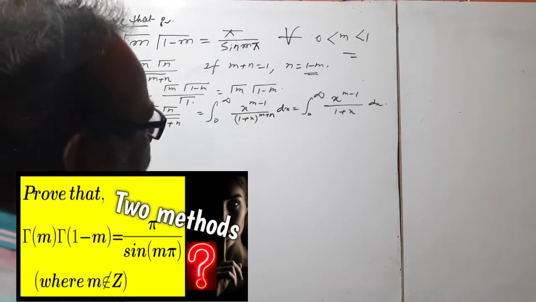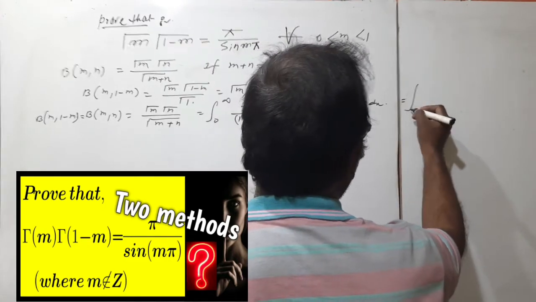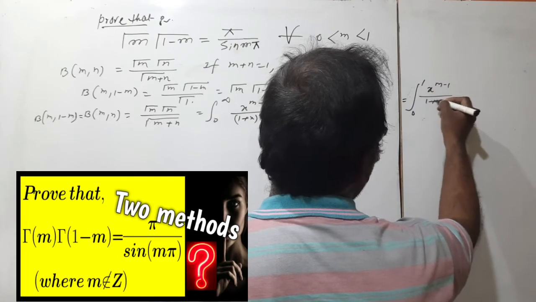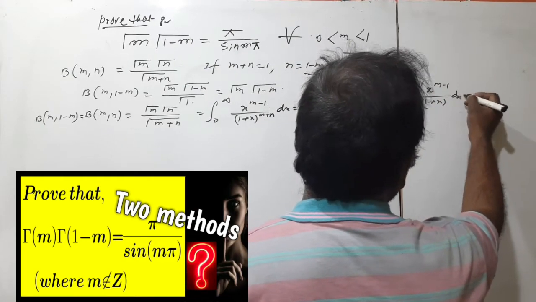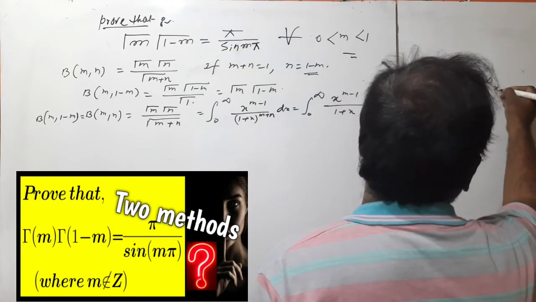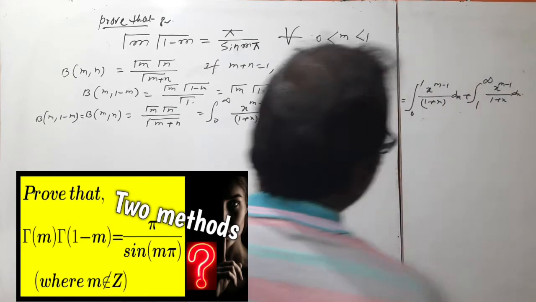So for this problem we want to find the integral from 0 to 1 of x to the power m minus 1 over 1 plus x dx, plus the integral from 1 to infinity of x to the power m minus 1 over 1 plus x dx.